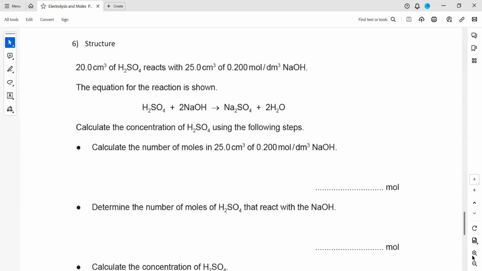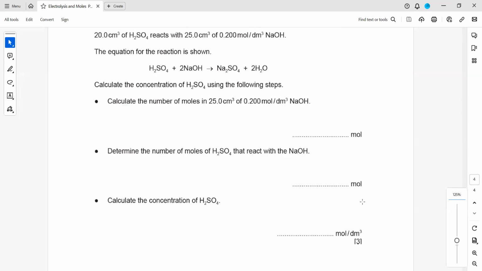Question 6 is related to moles. In the question, 20 cm³ of sulfuric acid reacted with 25 cm³ of 0.2 mol/dm³ sodium hydroxide. Calculate the number of moles. So how to get the number of moles? Number of moles is concentration times volume. The concentration is 0.2, and the volume is 25 cm³ divided by 1000, so 0.025.